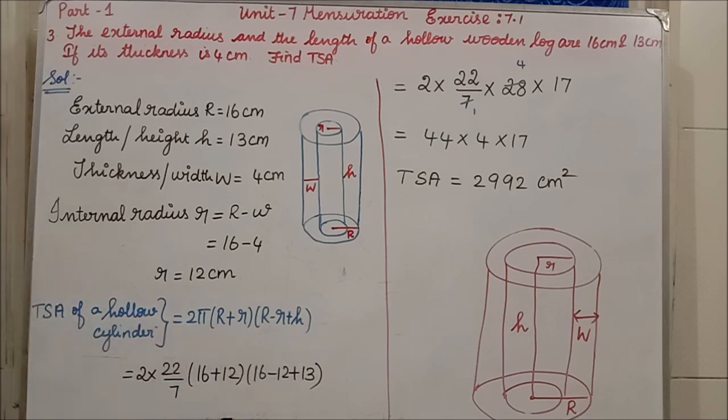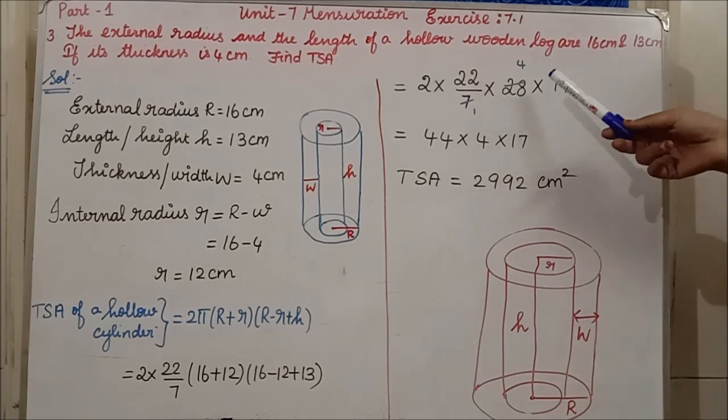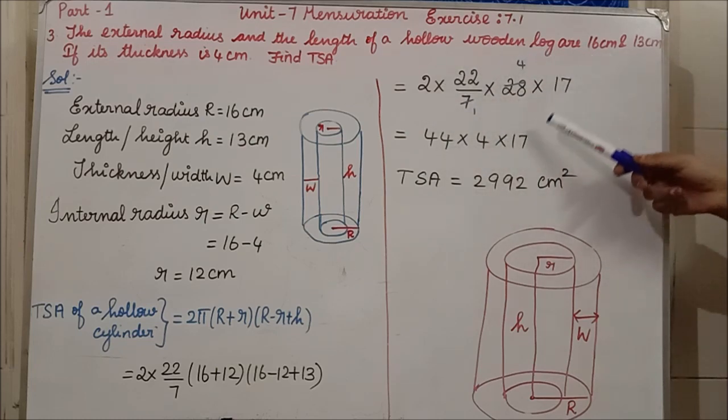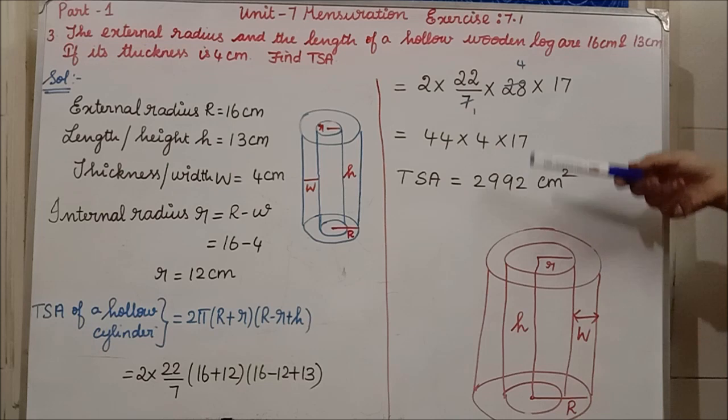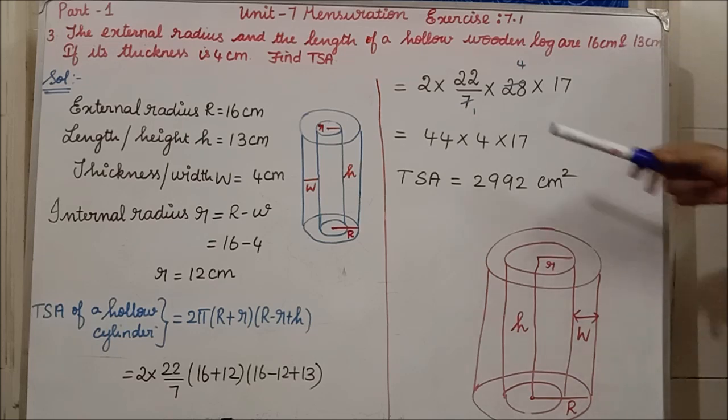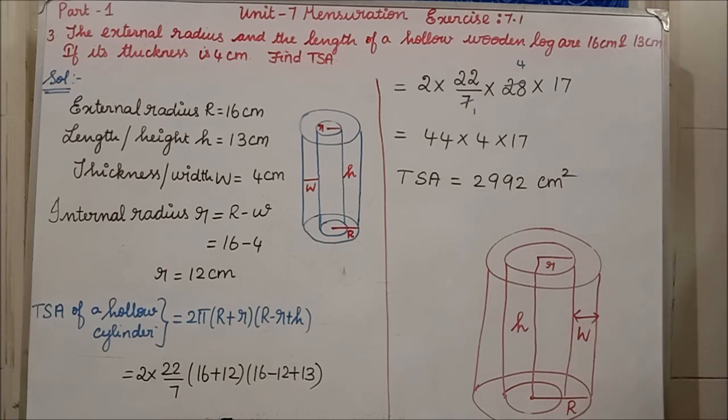In the next step, 16 plus 12 is 28, into 17. 7 fours are 28, so 4 times. 2 into 22 is 44, into 4 into 17. If you multiply, we get 2992 centimeter square. Because they have given the measurement in centimeter and we are finding area, you have to write centimeter square.